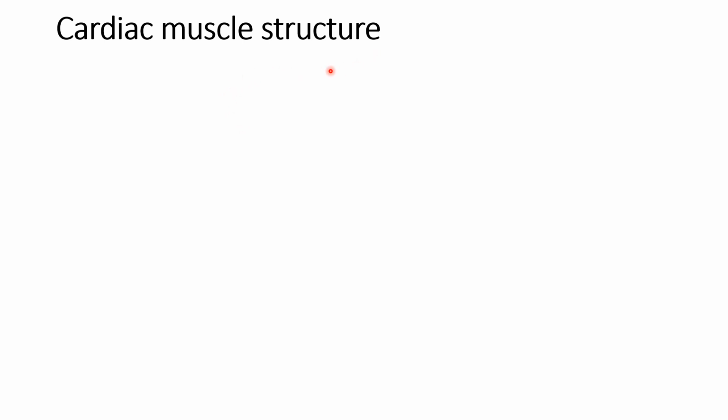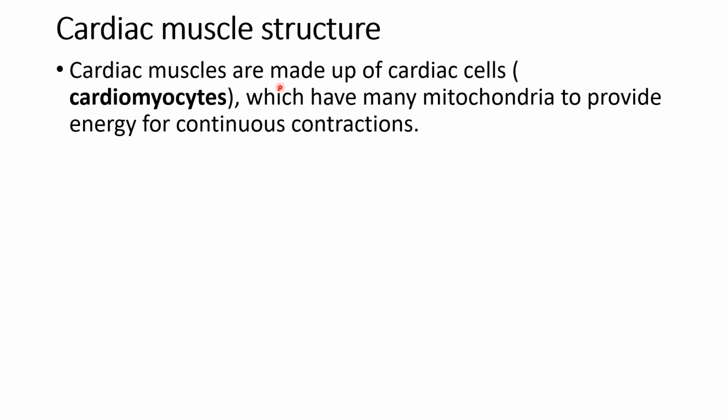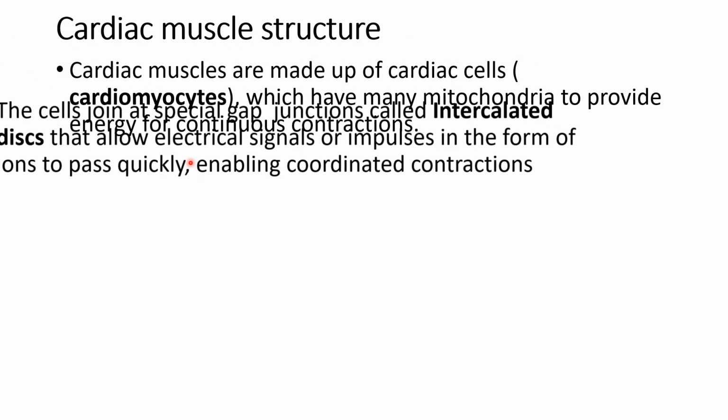Cardiac muscle structure. Cardiac muscles are made up of cardiac cells known as cardiomyocytes, which have many mitochondria to provide energy for continuous contractions.